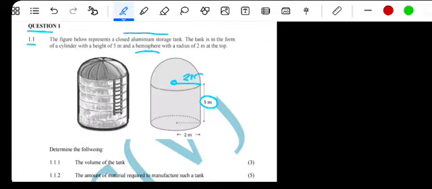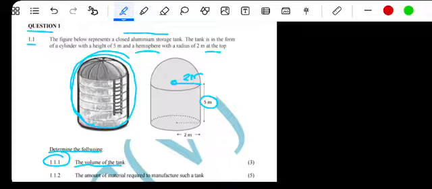We're given from the bottom part, and off the top we see there, determine the following. 1.1.1, the volume of the tank, the combined volume of the tank, but we know we have two objects. Number 1 here is a cylinder, and number 2 is the hemisphere.